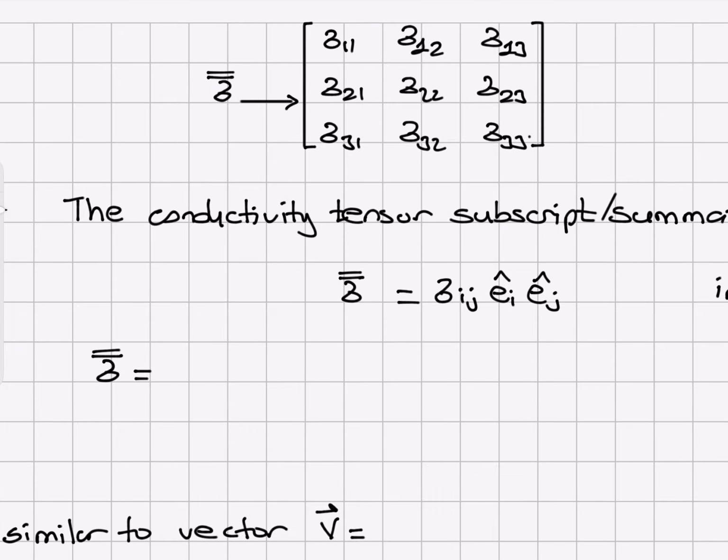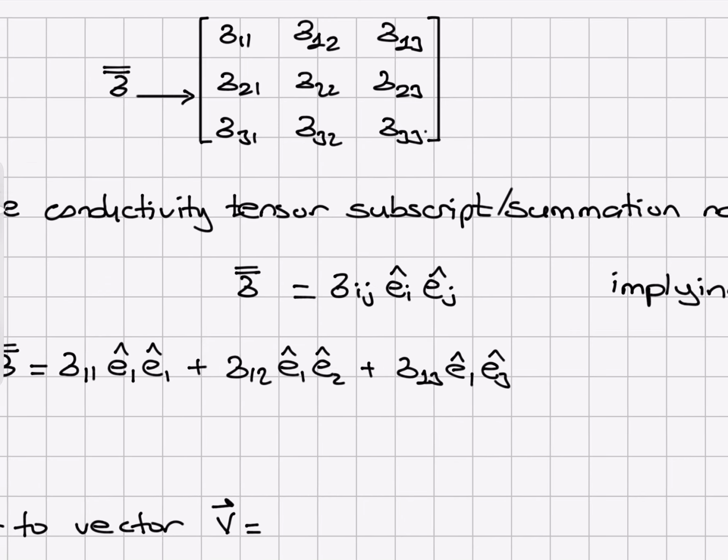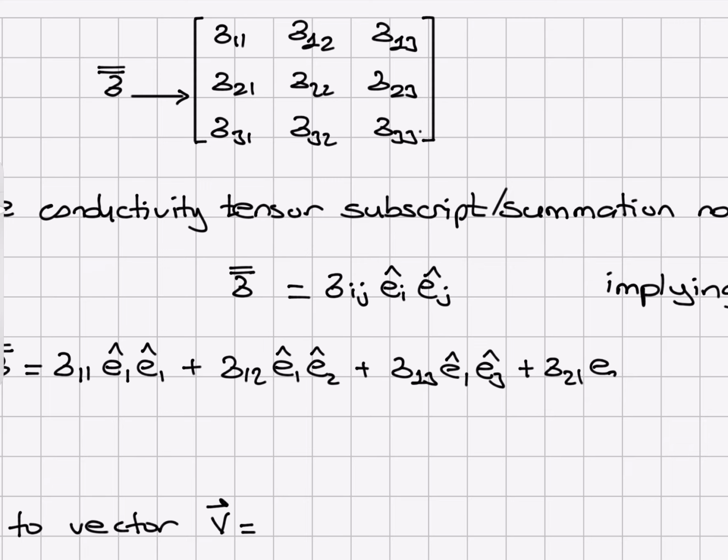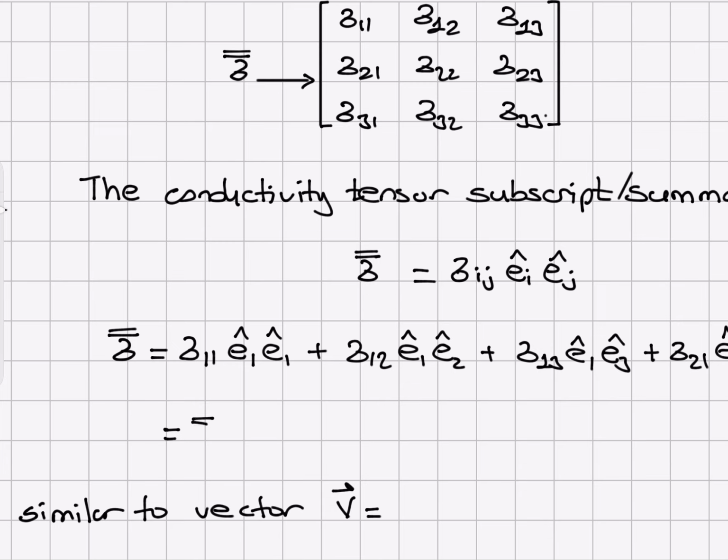It implies that this tensor is sigma 1 1 e1 hat e1 hat, plus sigma 1 2 e1 hat e2 hat, plus sigma 1 3 e1 hat e3 hat, plus sigma 2 1 e2 hat e1 hat, etc. And I can write this as the sum over i from 1 to 3, sum over j from 1 to 3, of sigma ij ei hat ej hat. So that's what we are writing here.